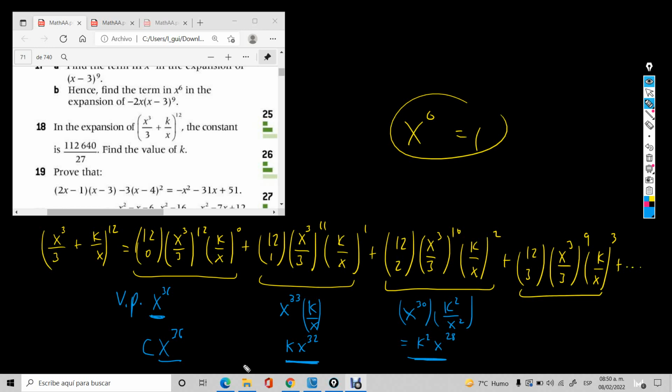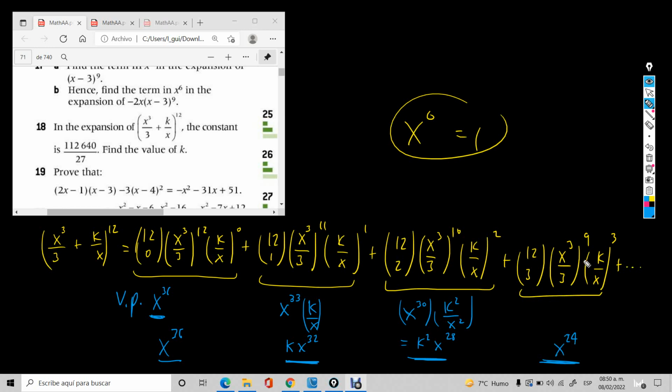And see the pattern, guys. x to the 36, that's for your first term. x to the 32 for your second term. x to the 28 for your third term. What do you think will be the variable part of this term once you simplify it to its fullest? It goes down by 4, the exponent, I mean. 36, 32, 28, x to the 24, okay?